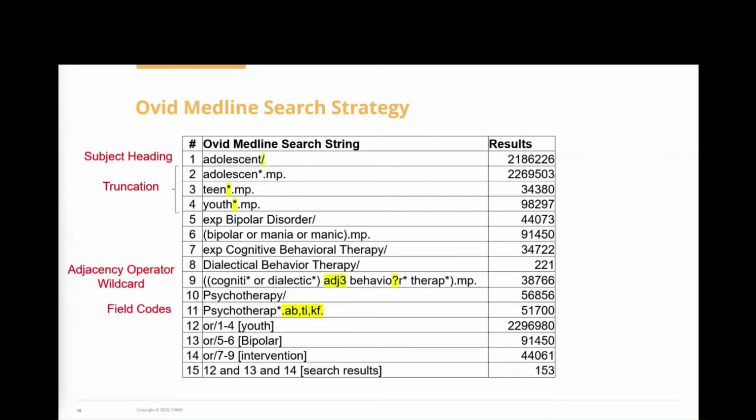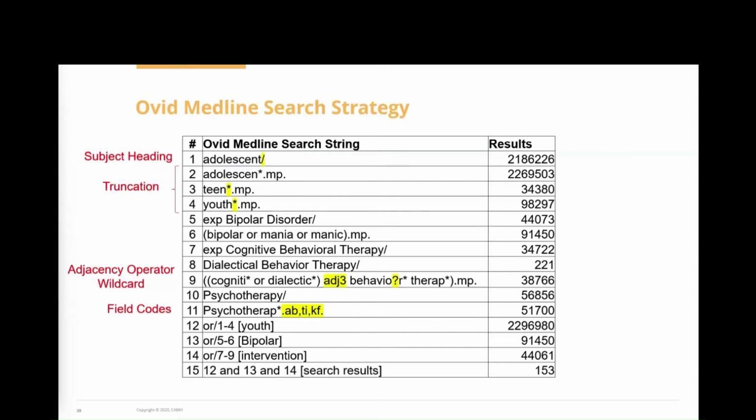In line number 1, we have controlled vocabulary in the form of a medical subject heading, as indicated by the slash. Lines 2, 3, and 4 show examples of truncation using an asterisk. For example, in line 3, teen asterisk, this would capture teen, teens, teenager, teenagers, etc. In line 9, we use a proximity operator in the form of an adjacency to find the term cognitive within 3 words of behavior therapy.